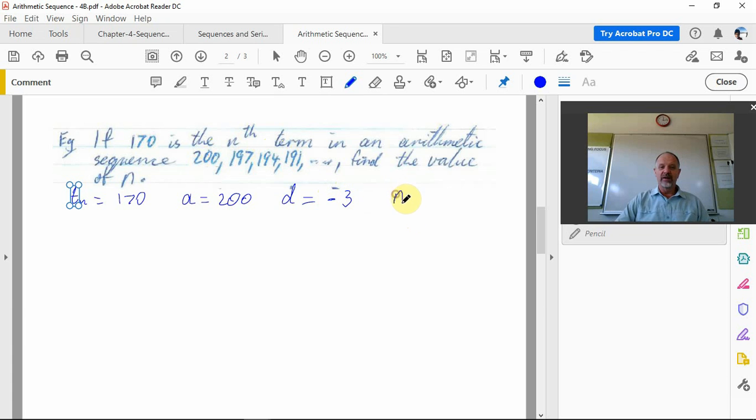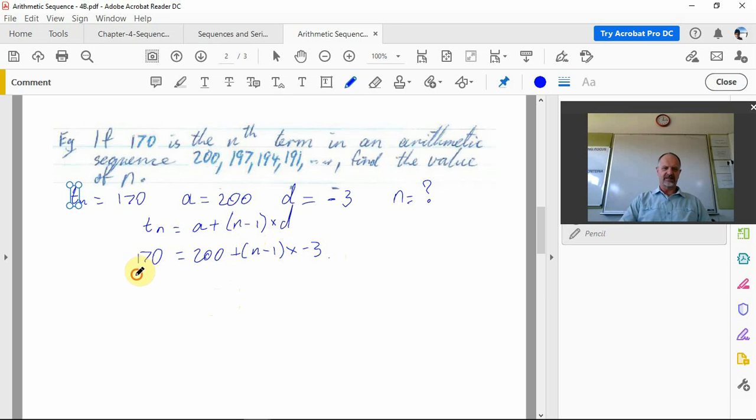And what do we want to know? We want to know n. So using that same formula, term n is a plus n minus 1 times the difference. We know term n is 170, so 170 equals 200 plus n minus 1 times negative 3.